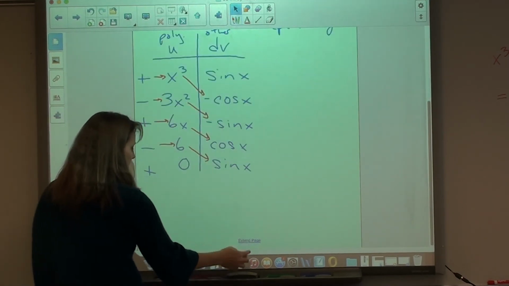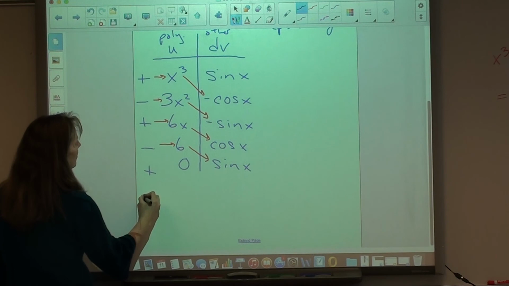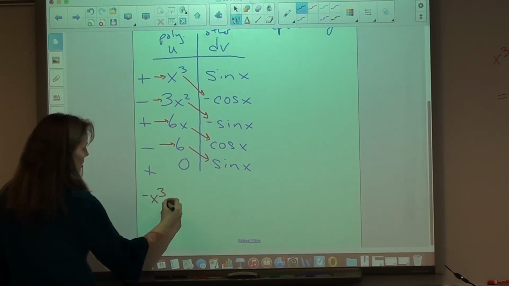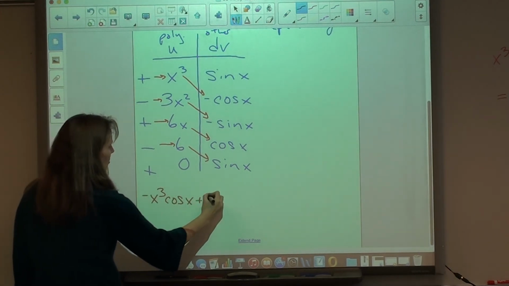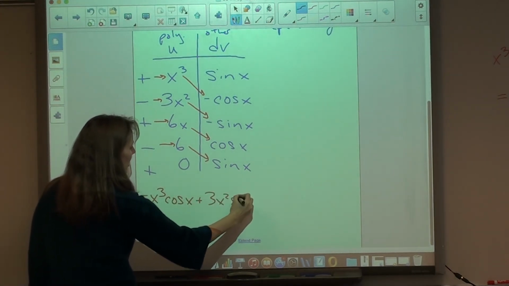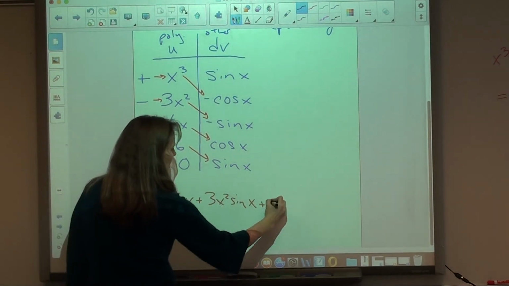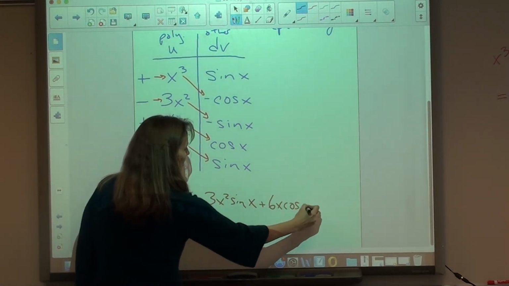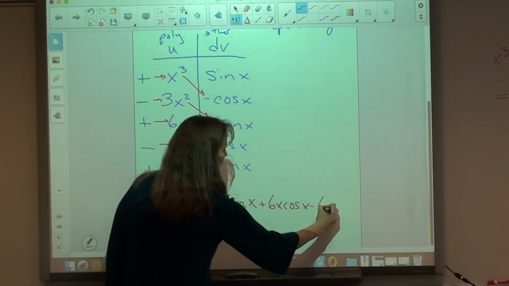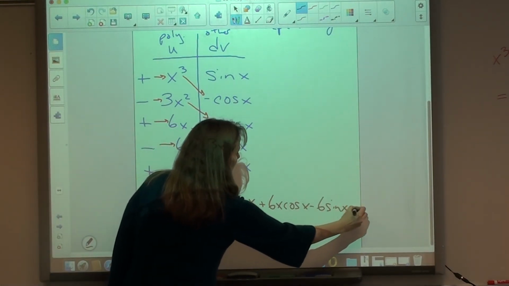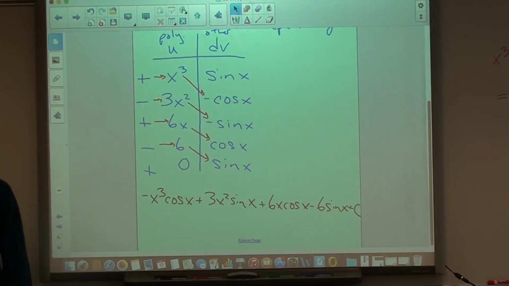So the answer for this problem would be negative x cubed cosine x plus 3x squared sine x plus 6x cosine x minus 6 sine x plus c.